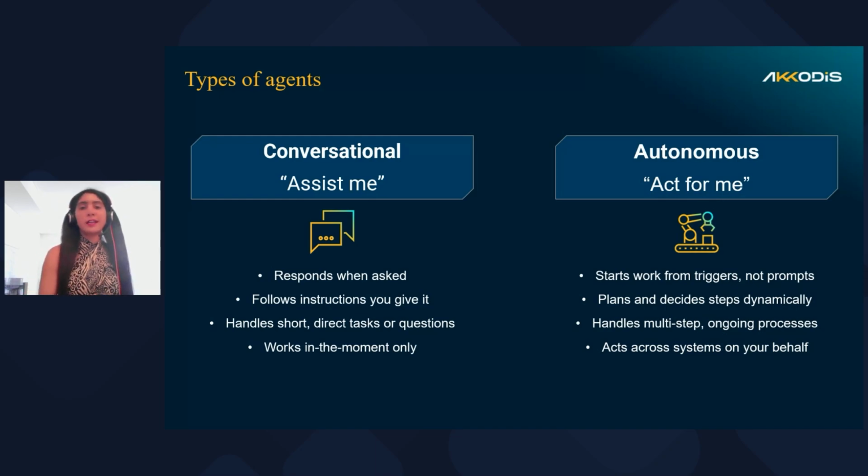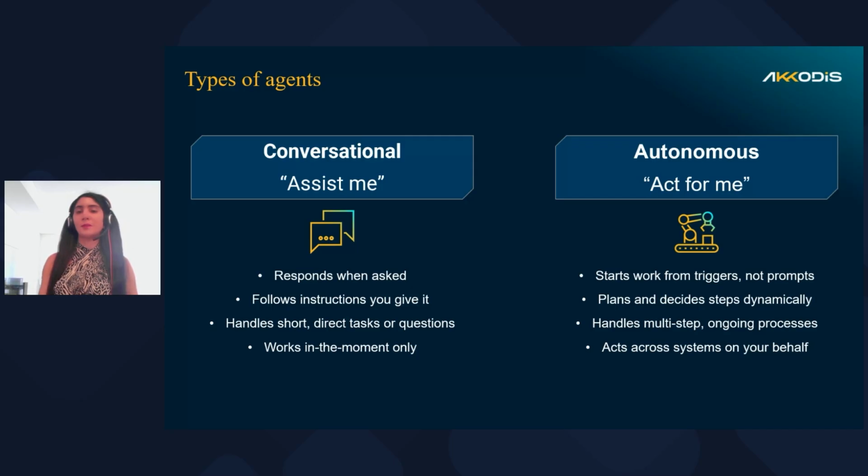Your conversational agents are the ones that you talk to, and they do something for you if you ask for it. You give it a question, you tell it to go and do a task, and then it responds to you in that moment. This is helpful for quick actions and getting simple information, but it doesn't continue working once that conversation ends.